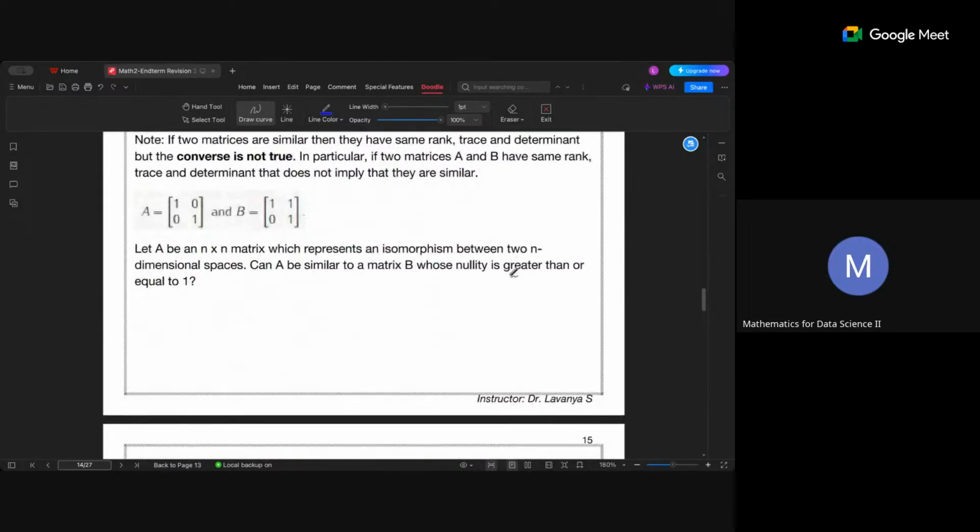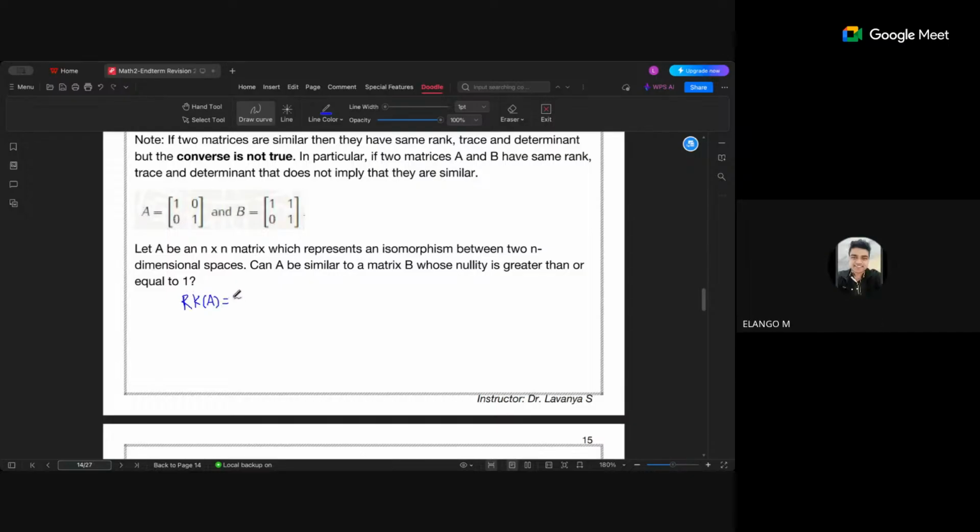Okay. Now let's try to answer this question. Let A be an n by n matrix which represents an isomorphism between two n-dimensional subspaces. Can A be similar to a matrix B whose nullity is greater than or equal to 1? A is representing an isomorphism, so the answer is no. First of all, what should be the rank of A?